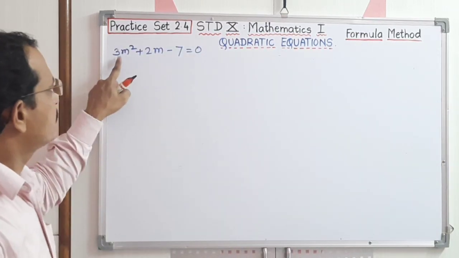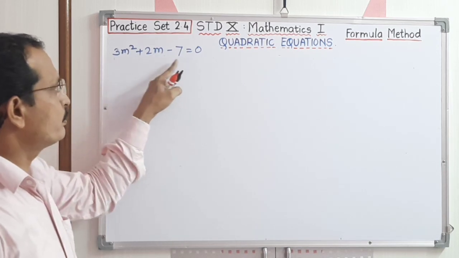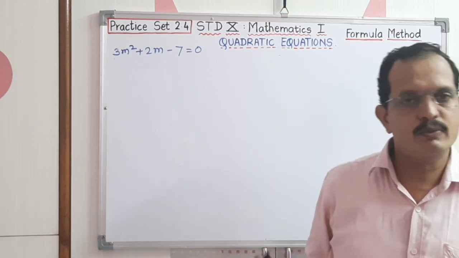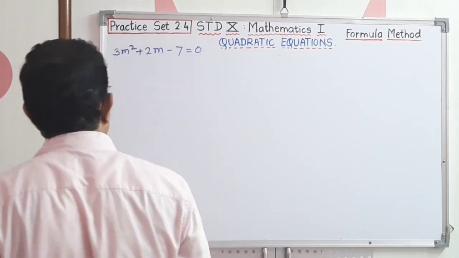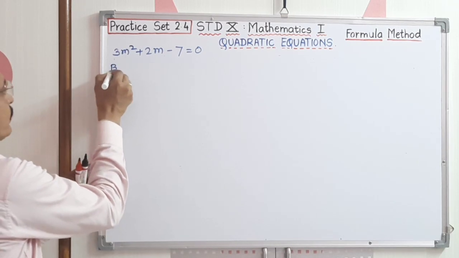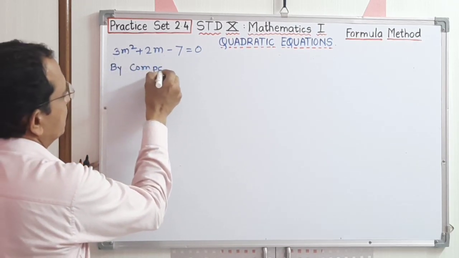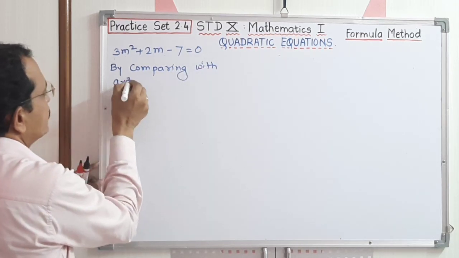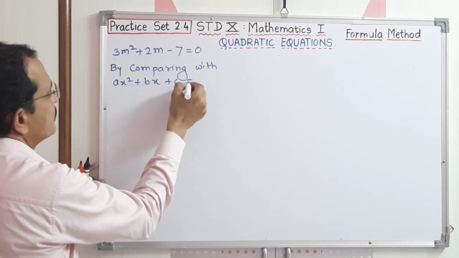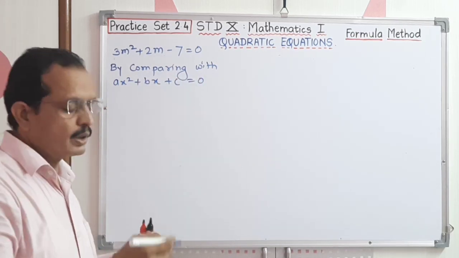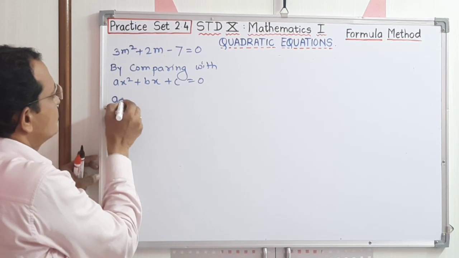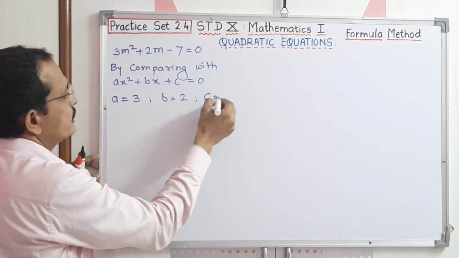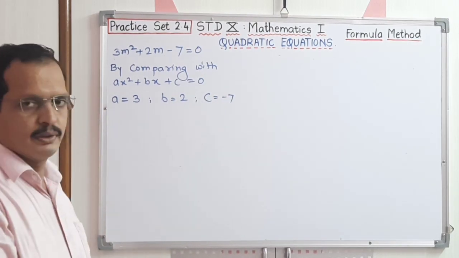Now see the third one, 3m square plus 2m minus 7 is equal to 0. If we observe this carefully, it is in standard form. Then our next step is to compare this with ax square plus bx plus c equal to 0. Now, after comparing, we find the values a is equal to 3, b is equal to 2 and c is equal to minus 7.